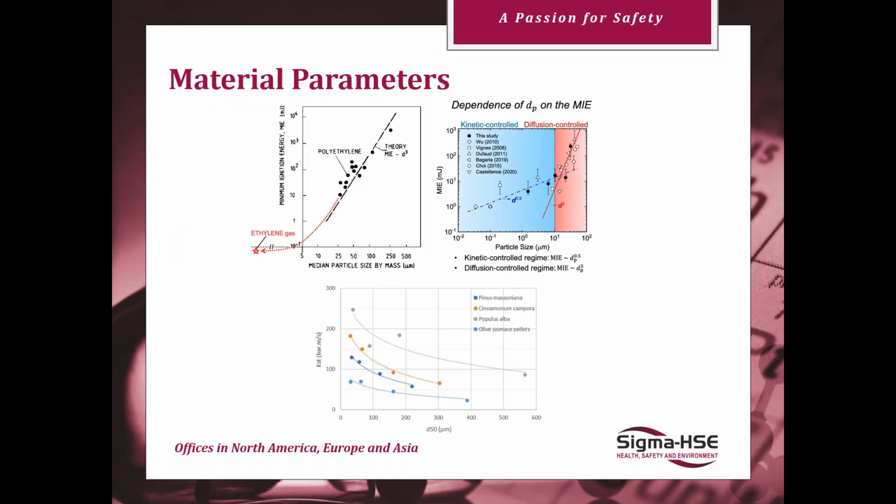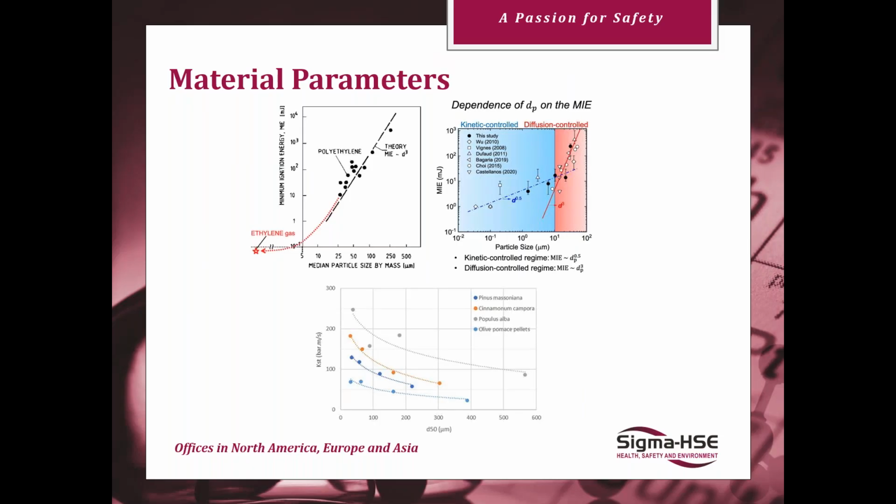So we just have some simple plots here to demonstrate that particle size relationship with ignition sensitivity and severity. The top two graphs have minimum ignition energy values on the y-axis and particle size tested on the x-axis.